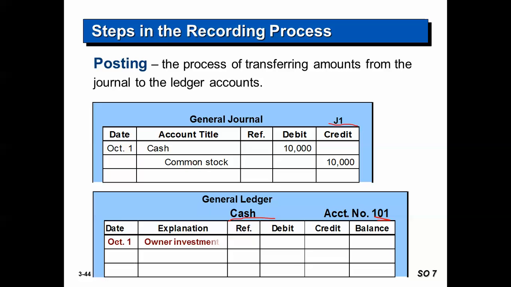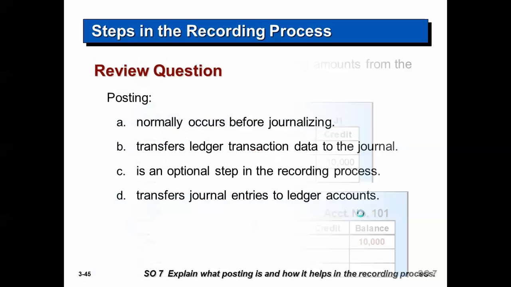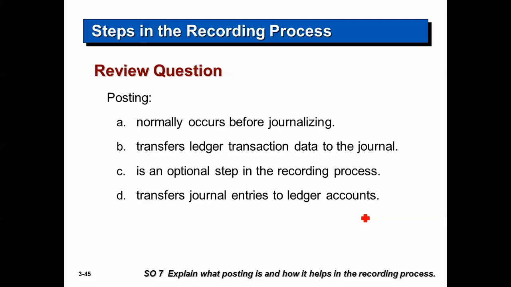We say owner invested, debit. It came from journal page 1. Debit 10,000, and we had no balance before, so now we have a 10,000 debit balance. Now we've posted cash. So what we do is we put the reference here, 101. That refers to the ledger card 101. Okay, so that's the steps in the recording process.